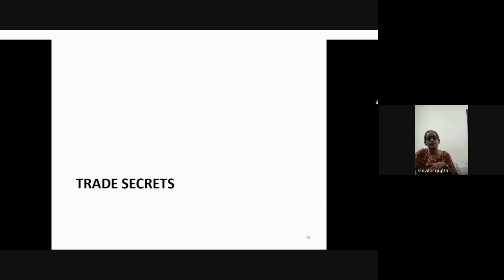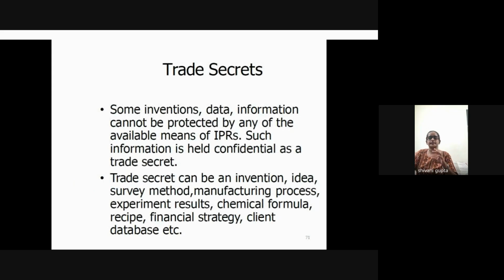Now comes another aspect, that is the trade secret. What does trade secret mean? We have already discussed most of the aspects under the Trademark Act, the Copyright Act, the Patent Act, and Layout Design. But now there are things that we can't execute into a physical form.